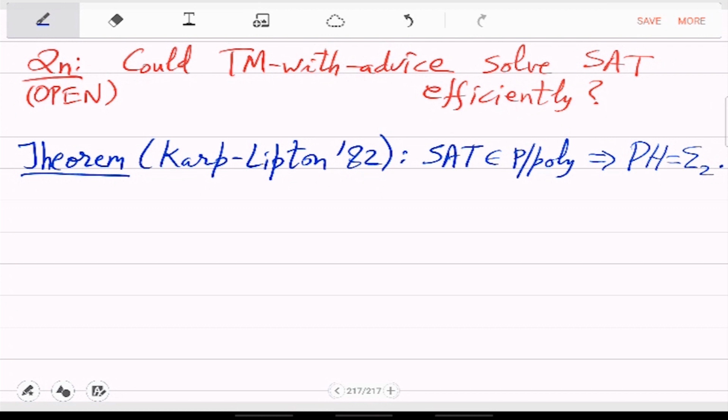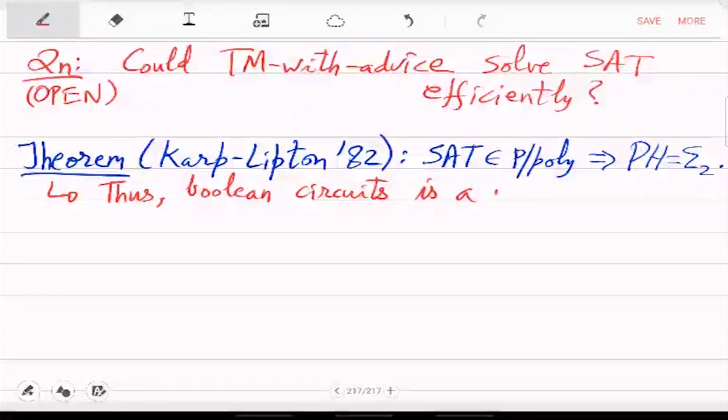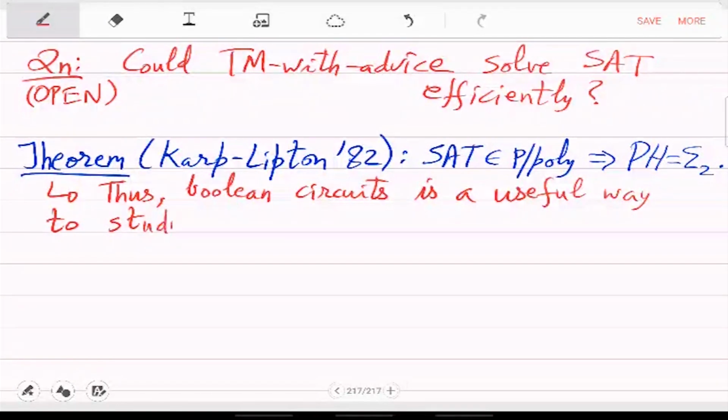So, one immediate consequence of this is that Boolean circuits are a useful way to study NP hard problems.